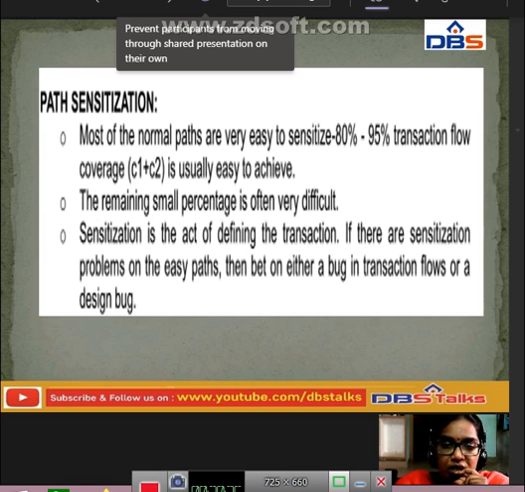Why? Because it is the act of defining the transaction. If there are sensitization problems on the hard paths, then we can bet on either a bug or the transaction flows whenever you are going to perform a design test. So we can say it is a transaction flow or a design bug.